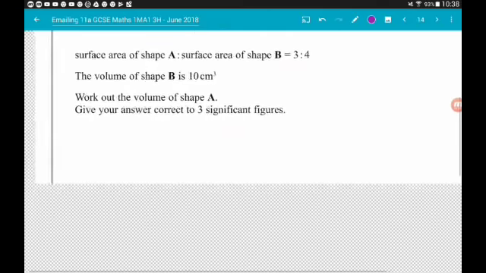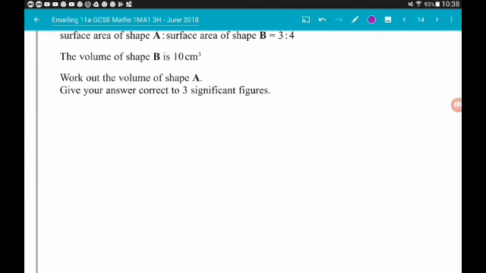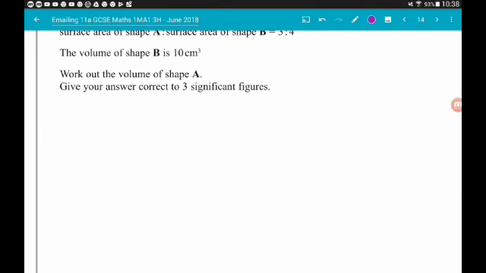So, starting with the surface area ratio, that's 3 to 4. From that, we can get the ratio of the lengths of the two shapes. So, to get the length ratio, we square root the surface area ratio.